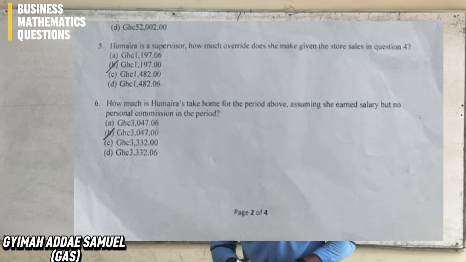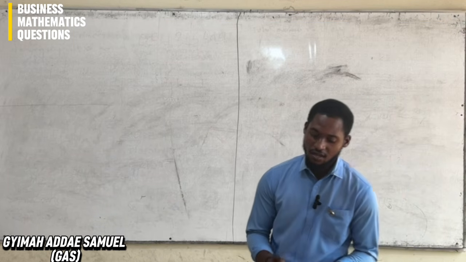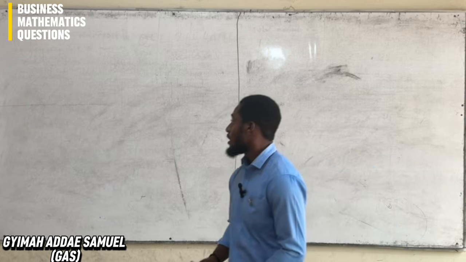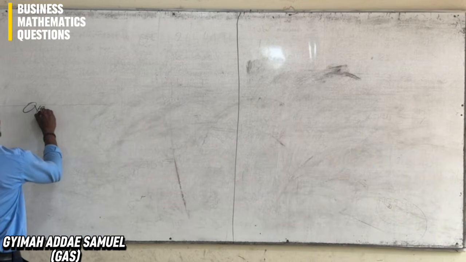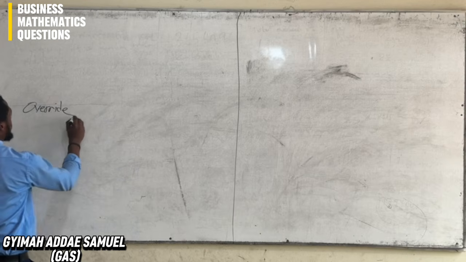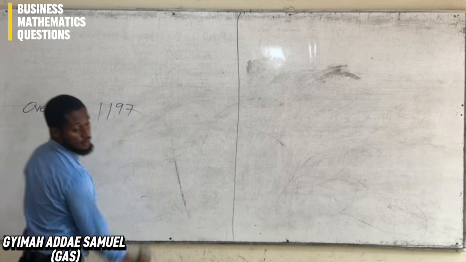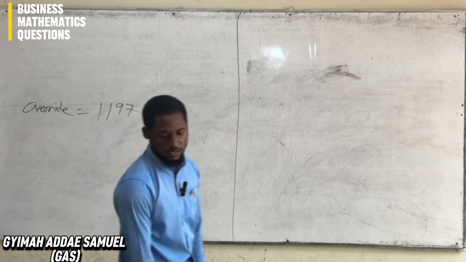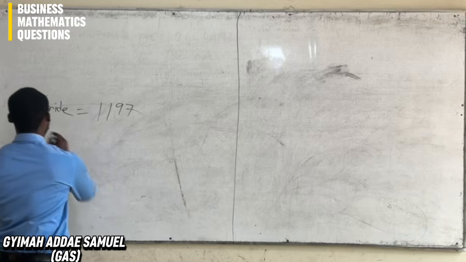So the take home is override plus salary. And our override, as we calculated in the previous question, was 1,197 Ghana cedis, and we had our salary to be 1,850.